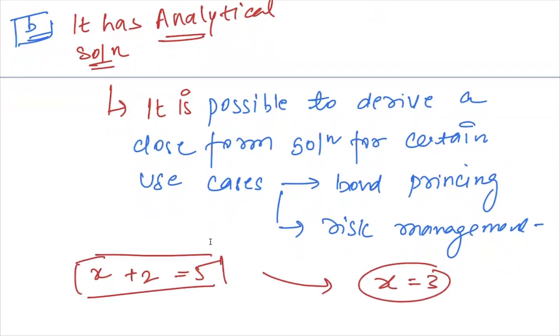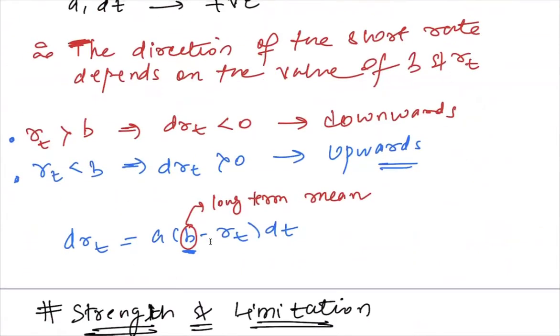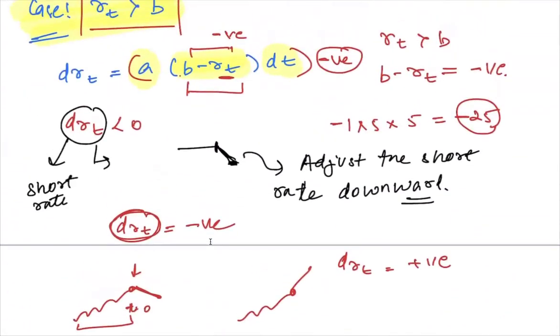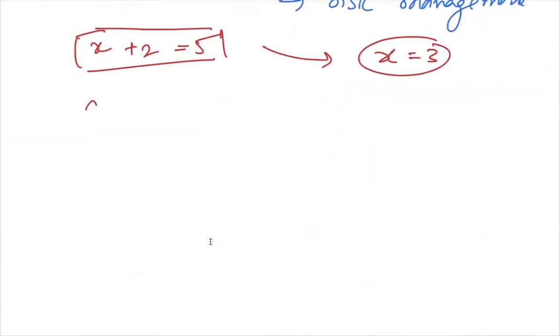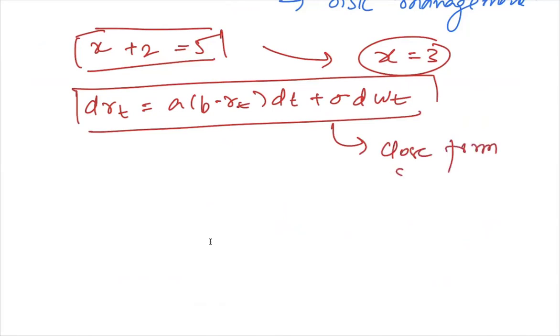Similarly for Vasicek also, you can solve this equation to get a complete closed form solution, and this closed form solution is used most of the time for bond pricing.